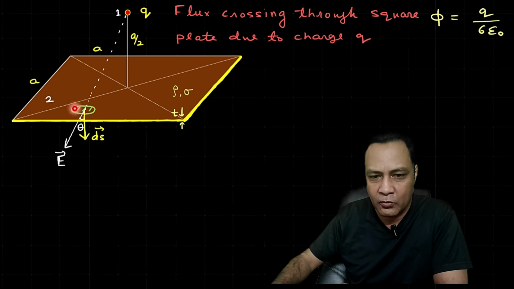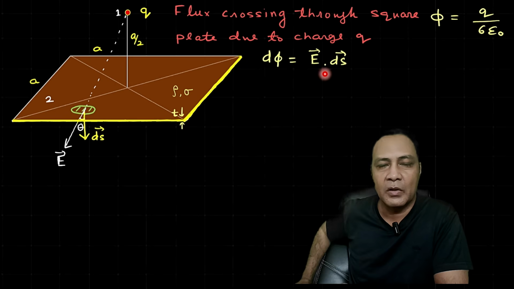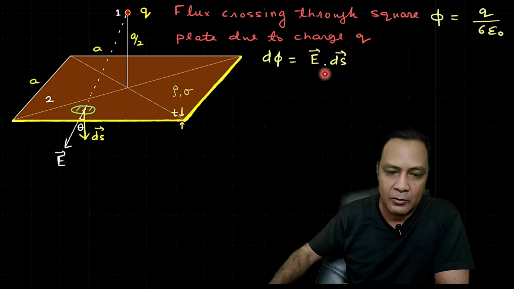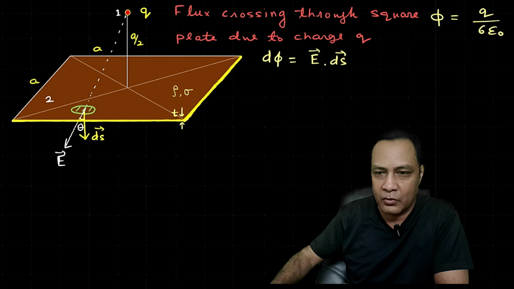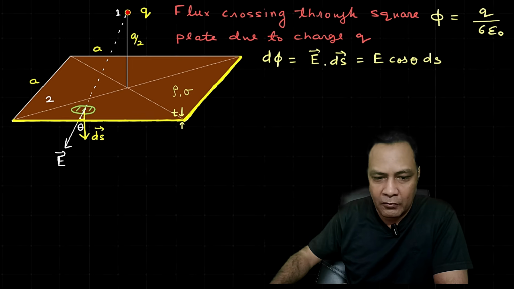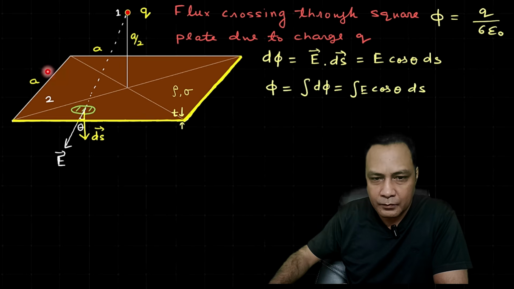If I want to find the flux through this part ds, that flux d phi is E dot ds. Electric field and the ds vector make angle theta with each other, so E dot ds is equal to E into ds into cos theta, that is E cos theta into ds. So the total flux through this whole plate would be the integration of d phi, that is E cos theta ds.